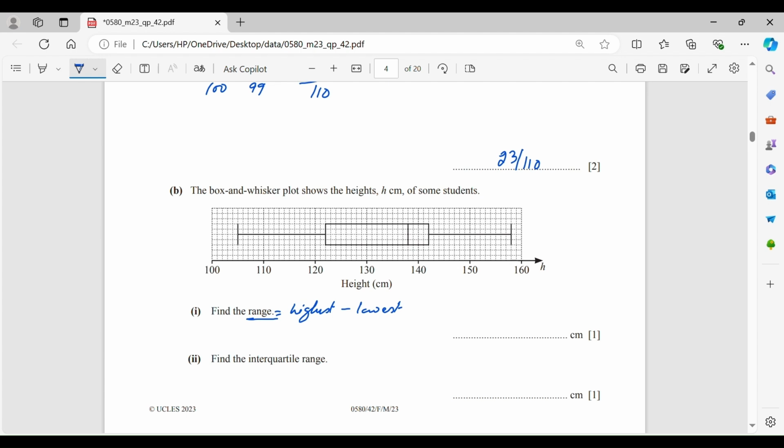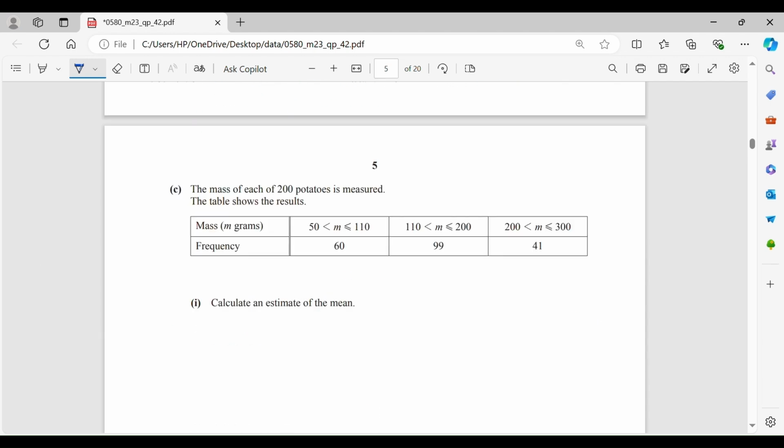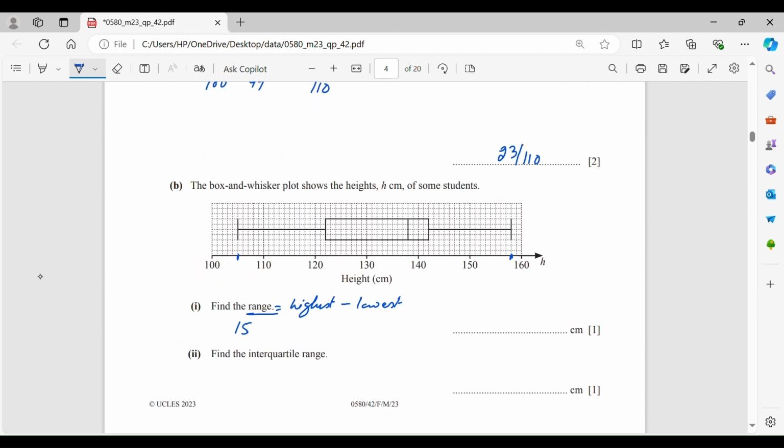So highest will be this and the lowest will be this. So highest will be 158. So it's 158 minus 105, which is equal to 53. So range will be 53.